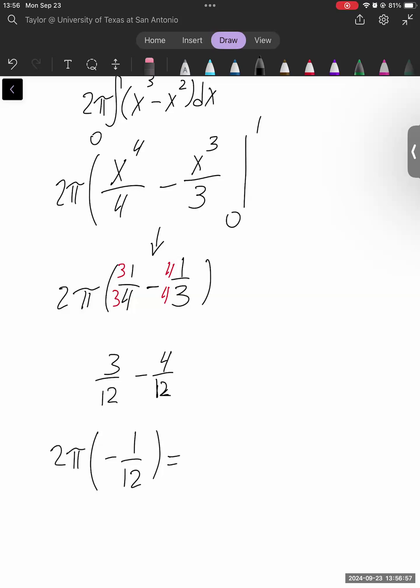So then we get negative 2 pi over 12, which reduces to negative pi over 6. We all get the same answer? Yes. Yeah? Okay. Roberto, are you good?